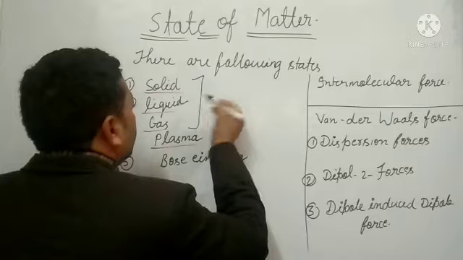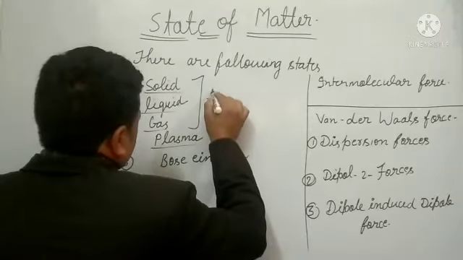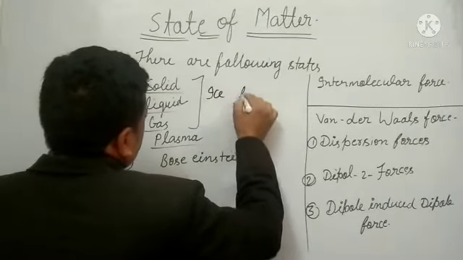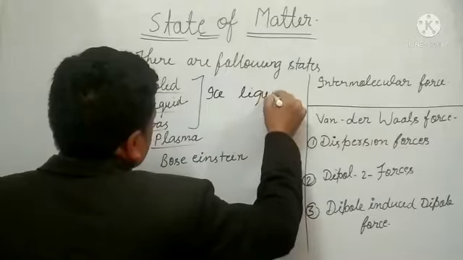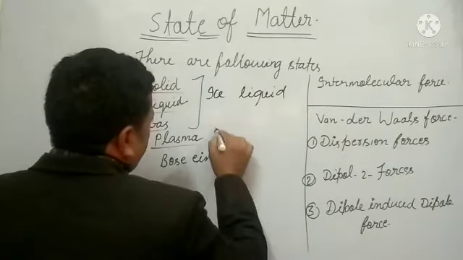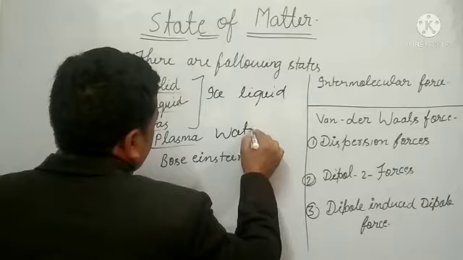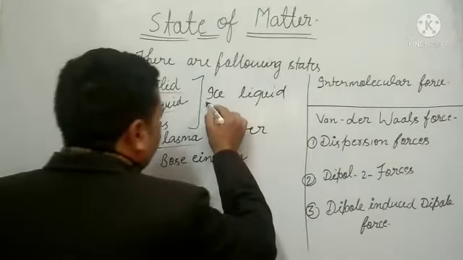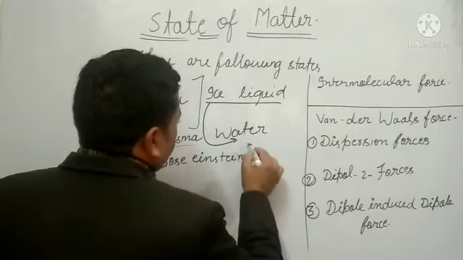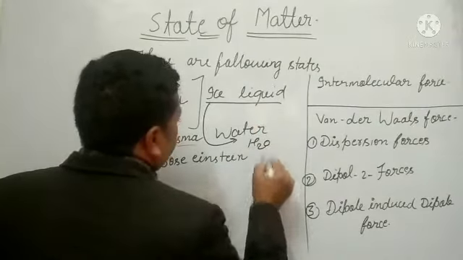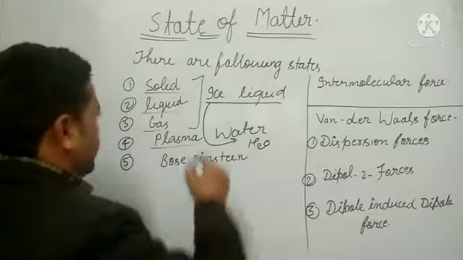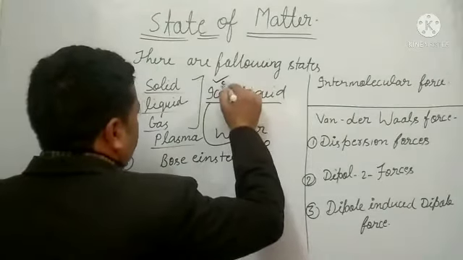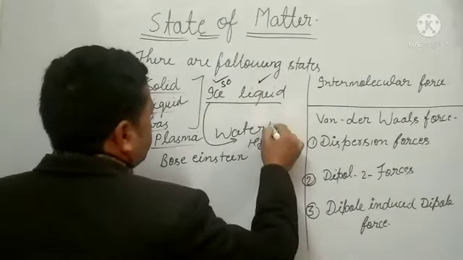If we take ice, liquid, and vapor, and I ask you to write the chemical formula of these three, you will write H2O. But you will say, sir, this is ice, that means solid, and that is liquid, and this is gaseous form.